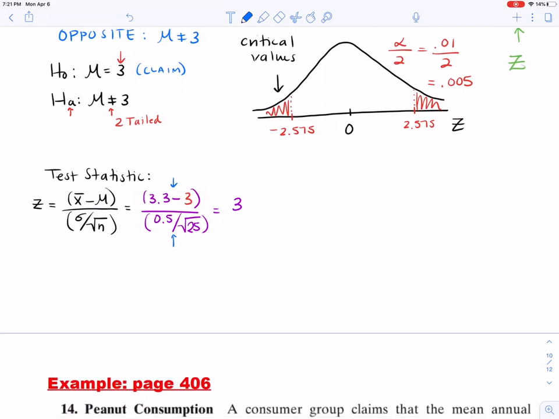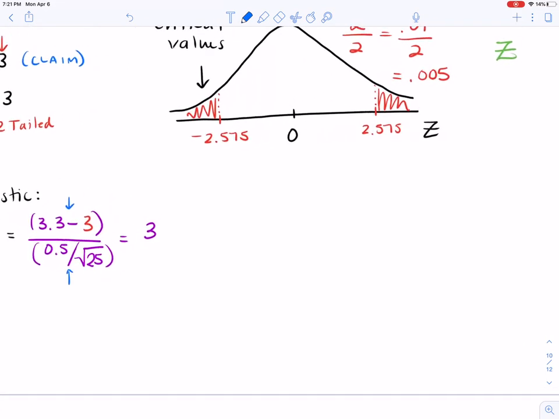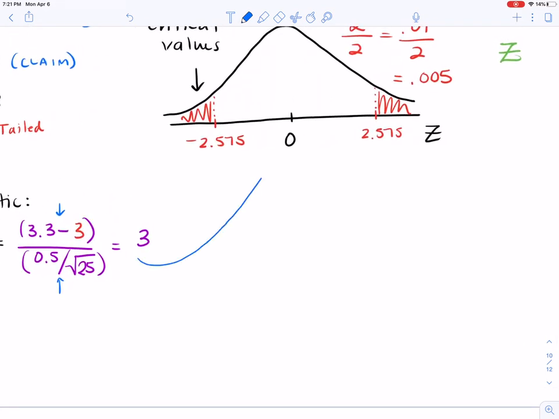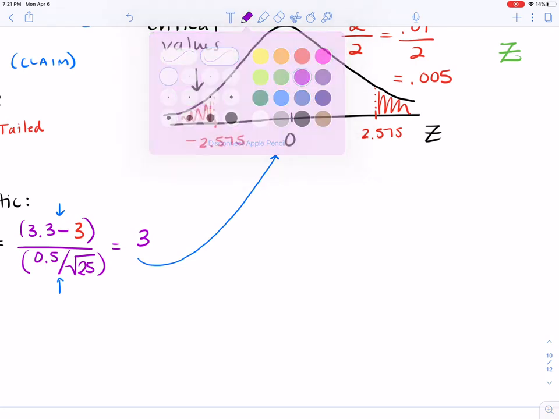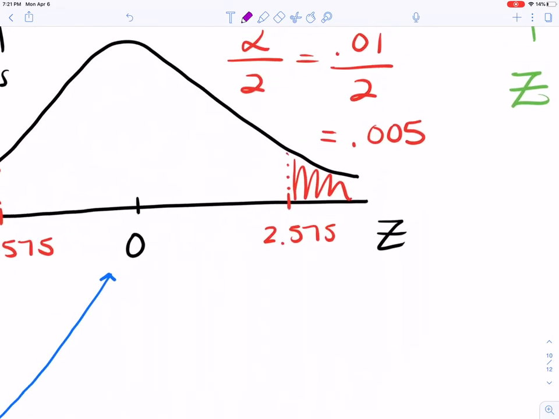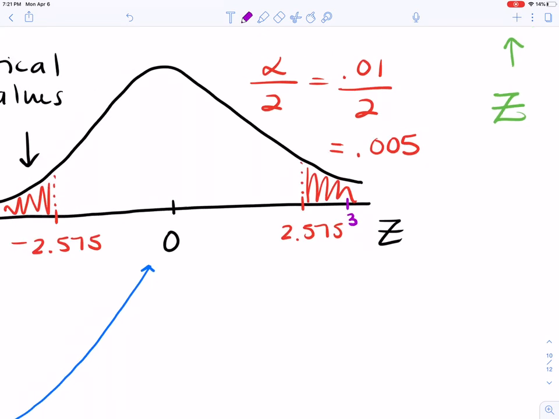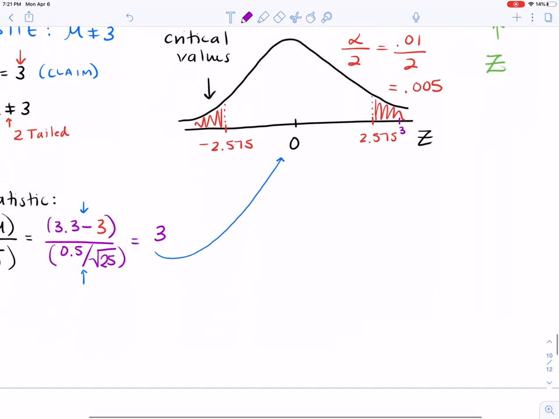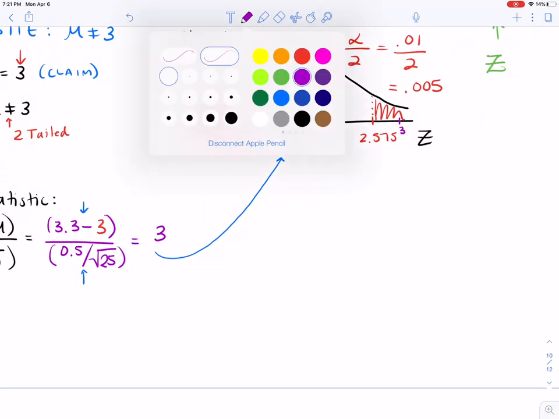All right, now, to make our decision, we know that we take this value and we compare it to our shaded rejection region. We want to see, is it in the shaded region or is it in the unshaded region? So we've got a positive 3 here. That's going to be over here on the right-hand side of the curve, and it is going to be past 2.575, which means it is in the shaded rejection region.